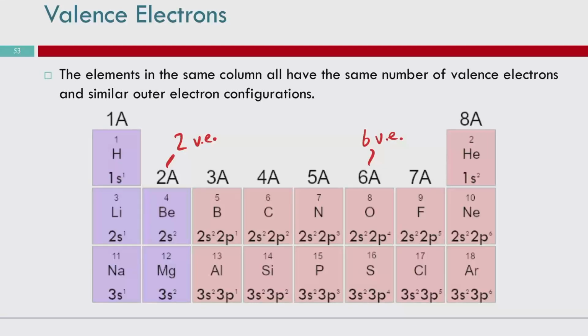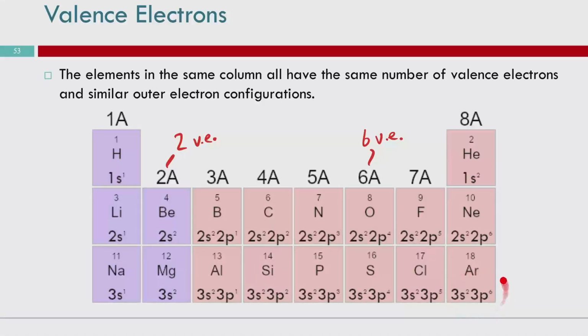We've got that number of valence electrons. So we've got 1 for our first column, 2 for our second column, skip our transition metals, 3, 4, 5, 6, 7, 8 valence electrons. They're all going to be very similar.